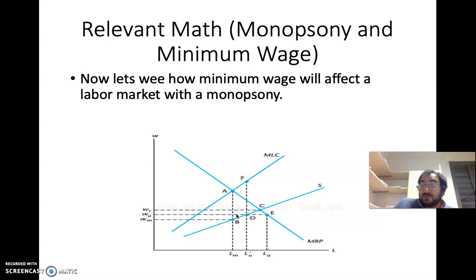And when we are stripped of this ability, it basically makes hiring one more worker cheaper after a certain point of employment. Why?